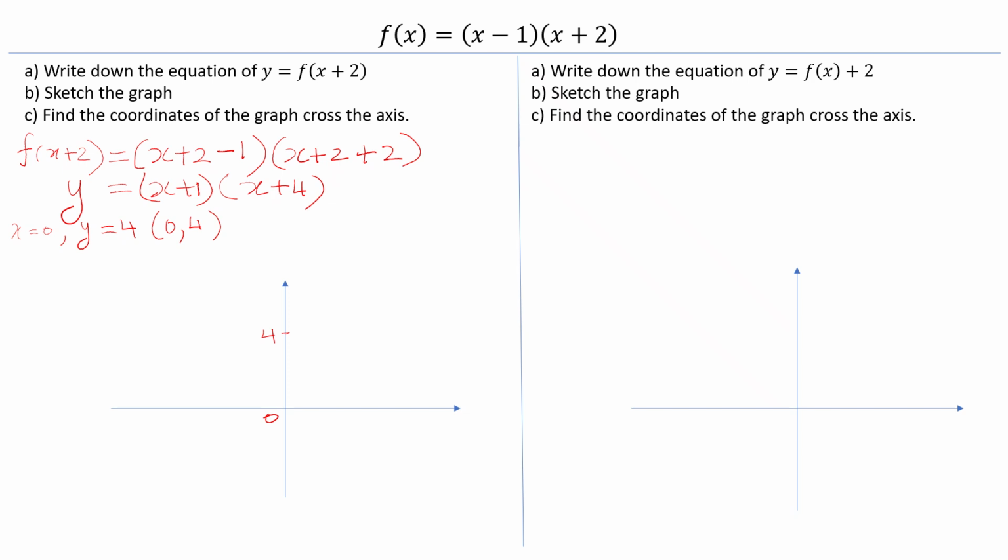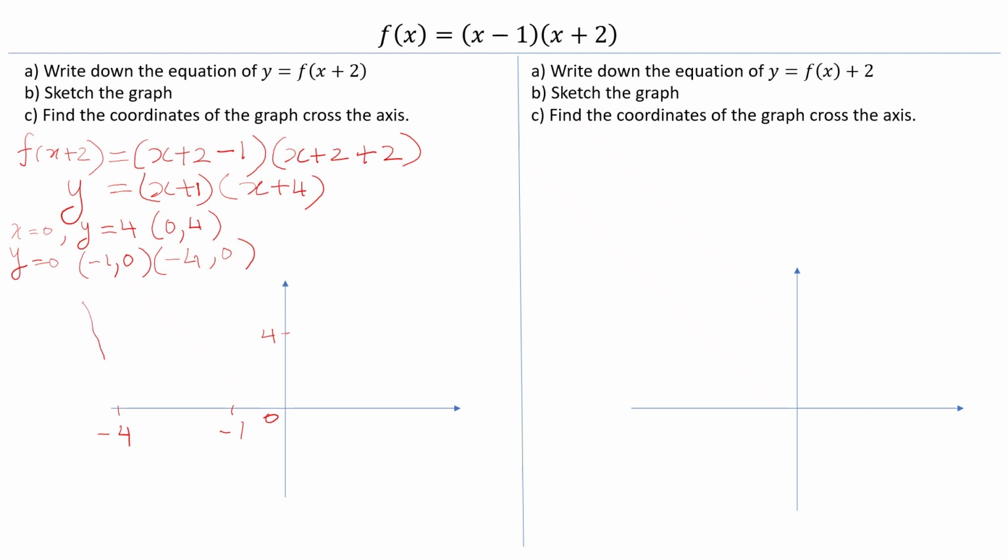When y equals 0, what is the x value? x equals minus 1 and minus 4. So I'm going to write the coordinates: y equals 0, x value is minus 1, so minus 1, 0, and minus 4, 0. Now sketch the graph.